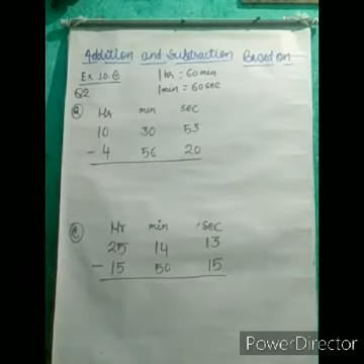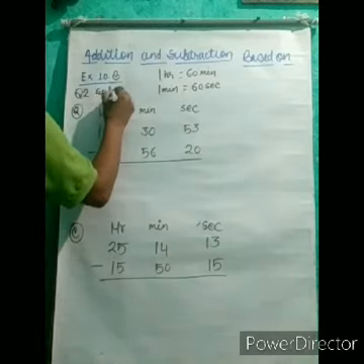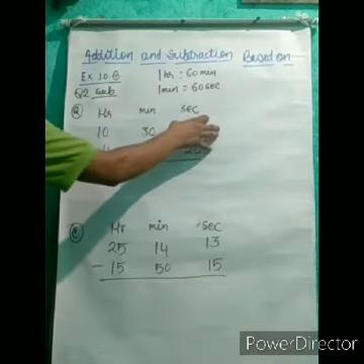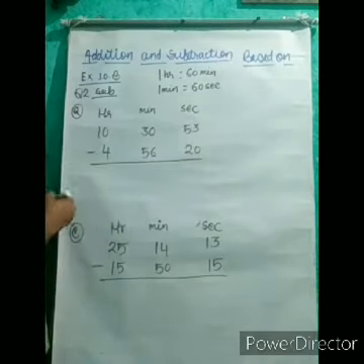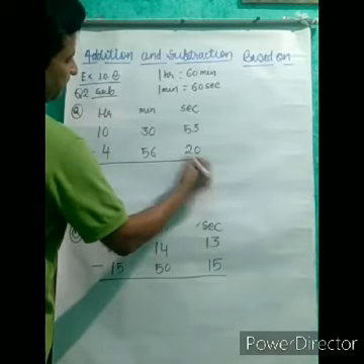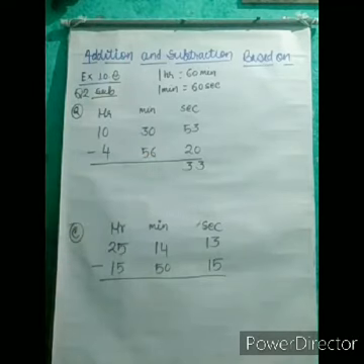Now from question number 2, subtract. We will do 2 parts. Here you can see in seconds, from 53 we have to subtract 20. So we can subtract 20 from 53. How much will come? 3. But from 30 you cannot subtract 56.